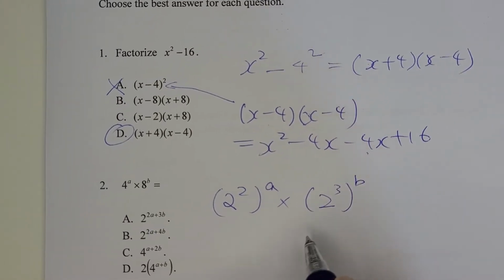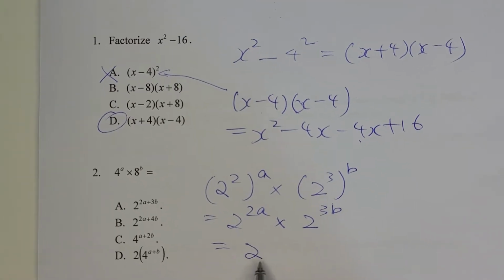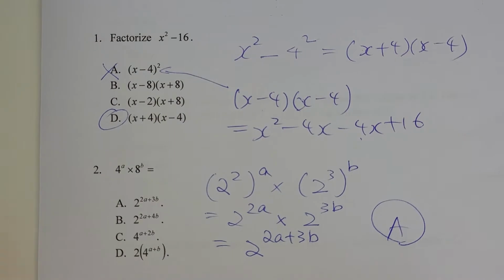After you do this, it becomes 2 to the power 2a times 2 to the power 3b, and hence you can simplify this to 2 again. Because you are multiplying the same base, the base remains unchanged, it's still 2, but the indices will add together. So 2 to the power 2a plus 3b, therefore the answer is A. So that's finished question number 2.